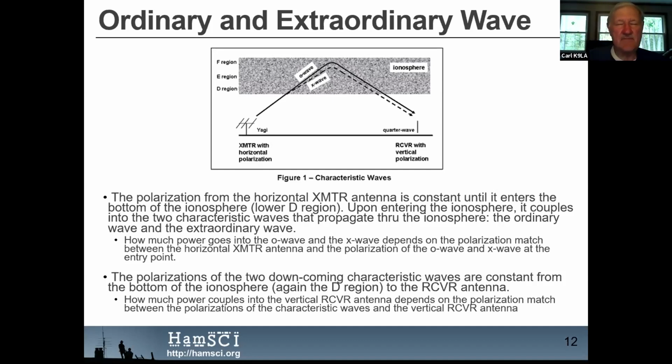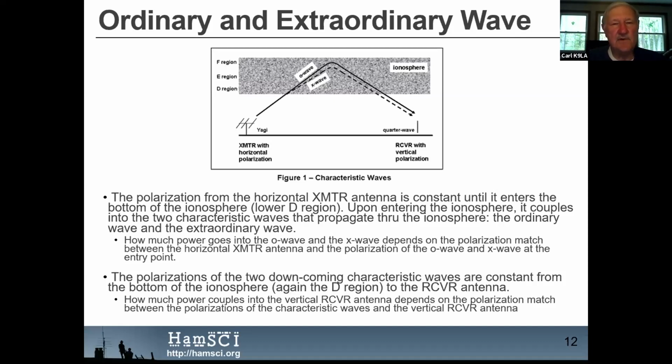Again, PropLab and FarLab can tell you what the polarization of those two characteristic waves are when they exit the ionosphere. From the bottom of the ionosphere to the receive antenna, those polarizations are constant, and you can calculate which of the O wave or the X wave will put more energy into, for example, this quarter wave vertical that I used.